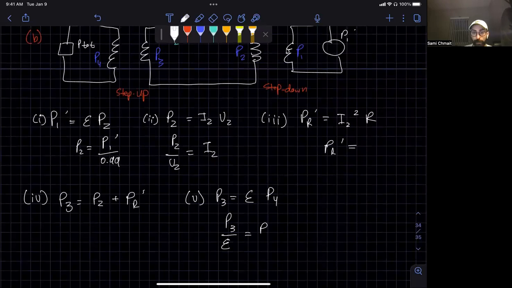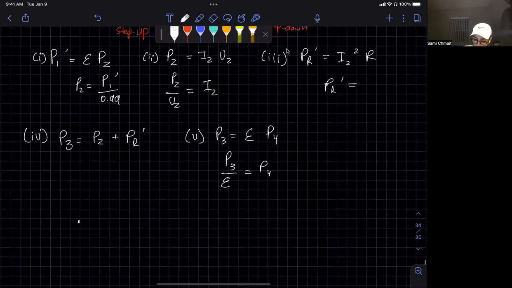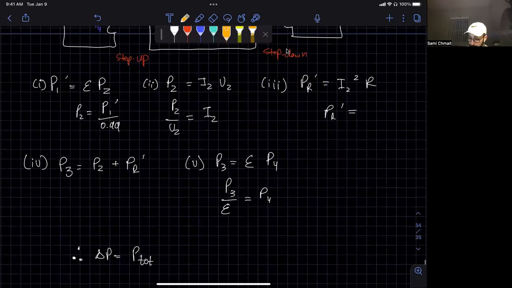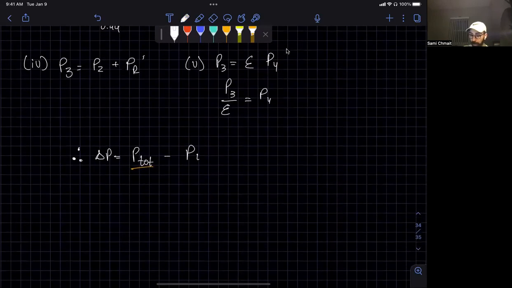Now, we'll get some value P4, which is going to be some big number. We'll figure that out later, but what we're looking for is the change in power in both scenarios. So we'll say this change in power is going to be equal to power total, which we just found up here, that's what we have underlined in orange, minus P4.